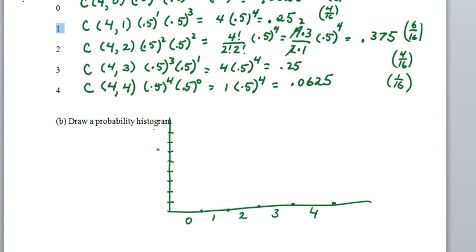But this is going to be 6/16, 4/16, and 1/16. So we start out at 1/16 for 0 probability. For 1, it's 4/16 or 1/4.